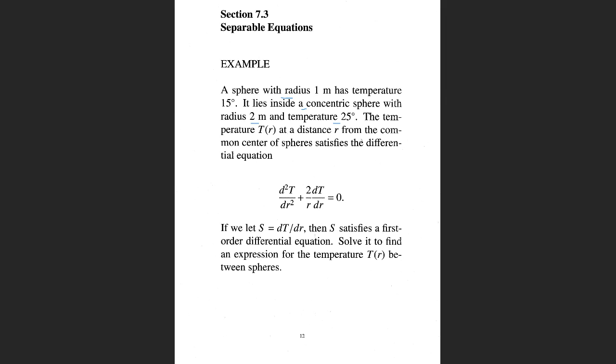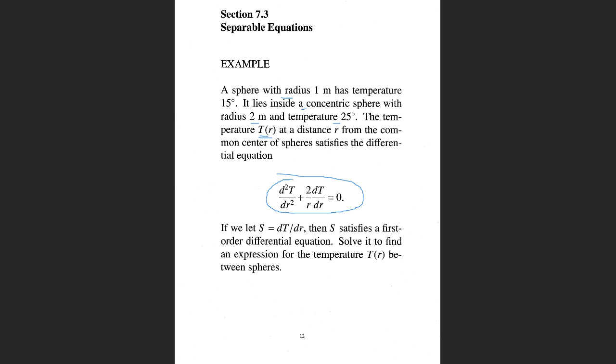The temperature function, T, is a function of R. Okay, they're treating the temperature function as a function of R. And the temperature function at a distance R from the common center of spheres satisfies this differential equation.